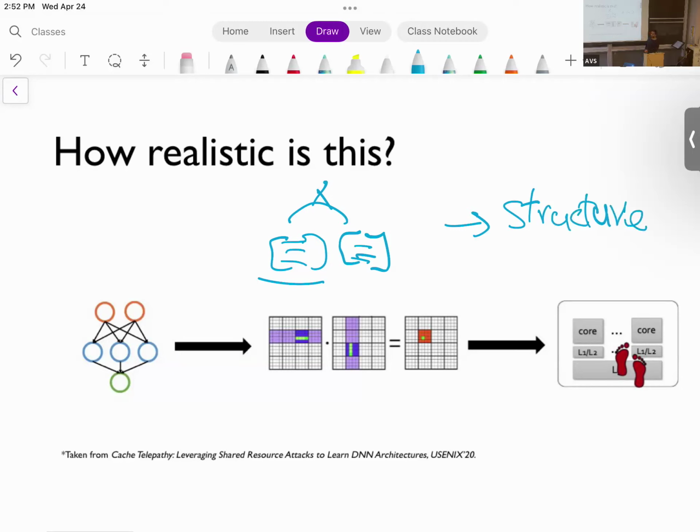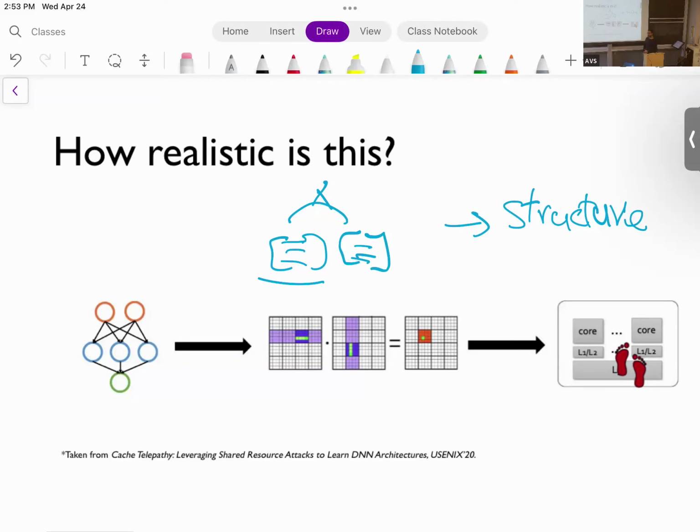And why would that be an important thing? Think about ChatGPT. If I can somehow get my hands on the ChatGPT model when it was running, now we'll know the exact structure of ChatGPT, and that is worth millions of dollars these days, right?